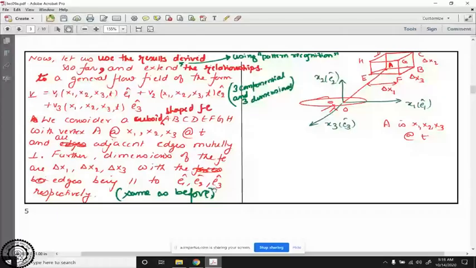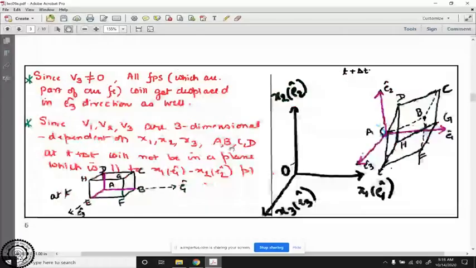So, same situation. Now, a couple of things we need to acknowledge. Since V3 is not equal to 0, all fluid particles which are part of our identified fluid element will now have the freedom to get displaced in the e3 direction as well.